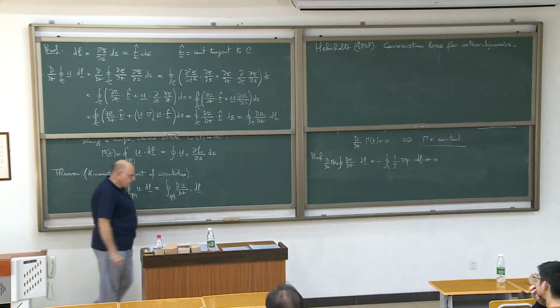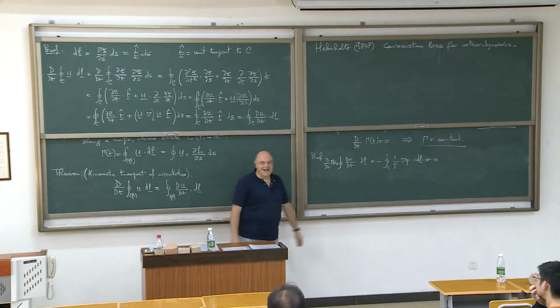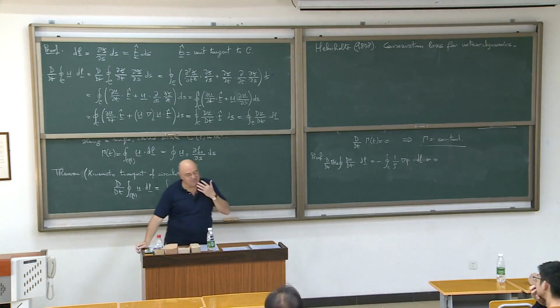I smiled because this is the question I posed to Keith Moffatt when I was in Cambridge, his student at the very beginning, when we met. I asked him, what about C?